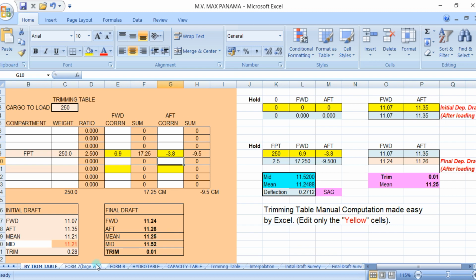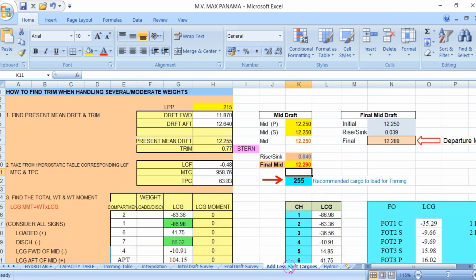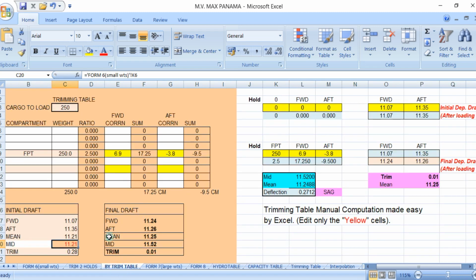And your mid drop, how much is your mid drop? 12.29.